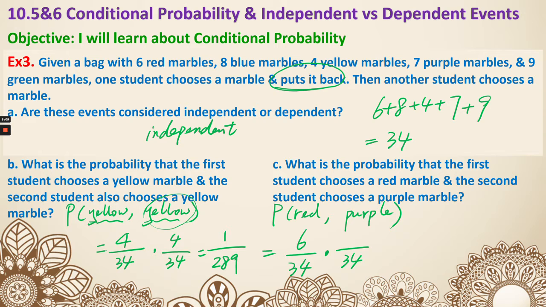And we have 7 purple marbles. So now we can calculate it. The top is going to be 21, and the bottom is going to be 578. That's part C of example 3.